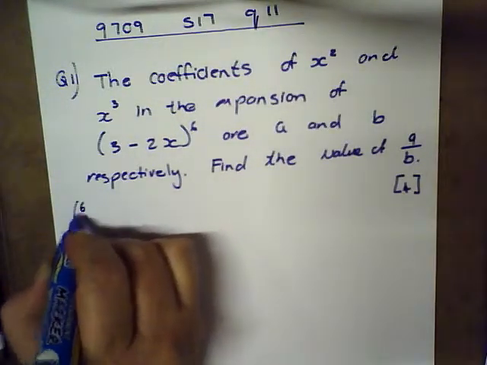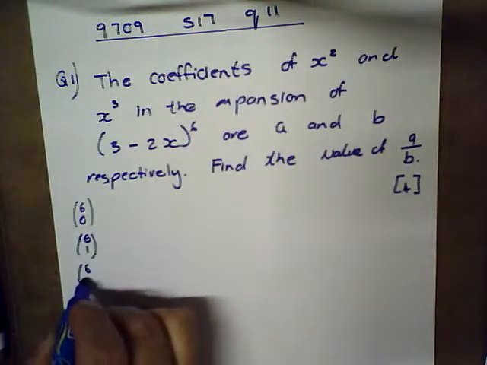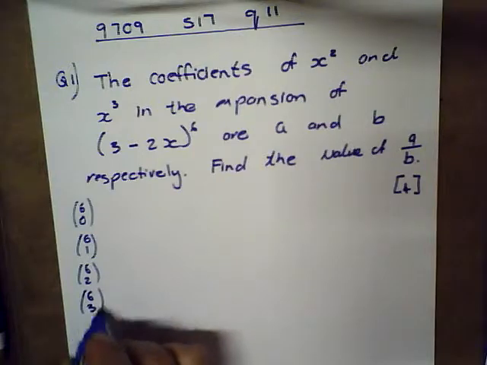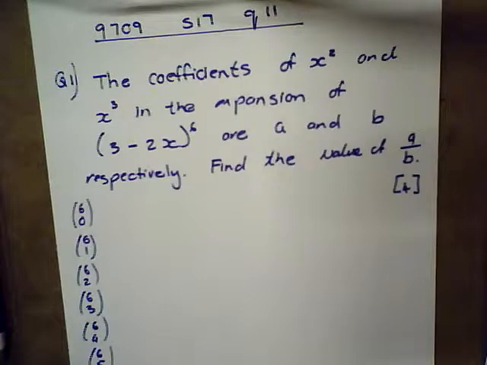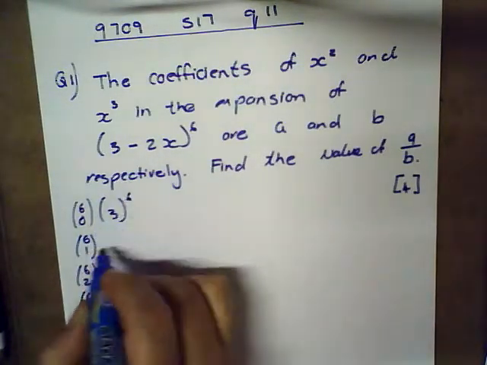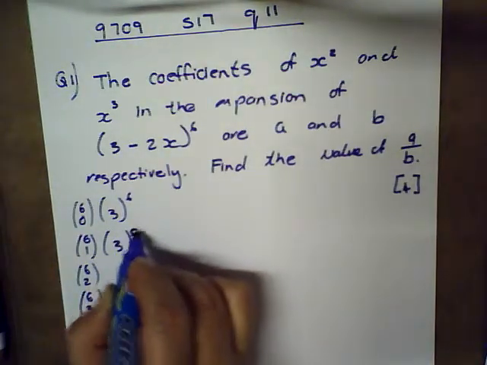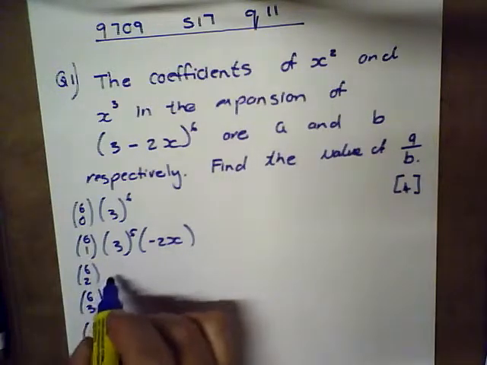So it would be 6C0, 6C1, 6C2, 6C3, 6C4, 6C5, 6C6. Okay, this first one would be 3 to the 6th power, then 3 to the 5th, (−2x). We are looking at x squared, so it's now the third term.